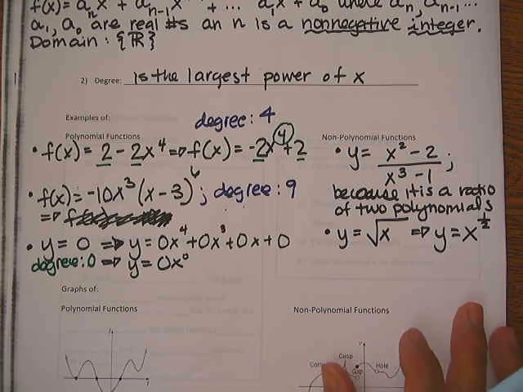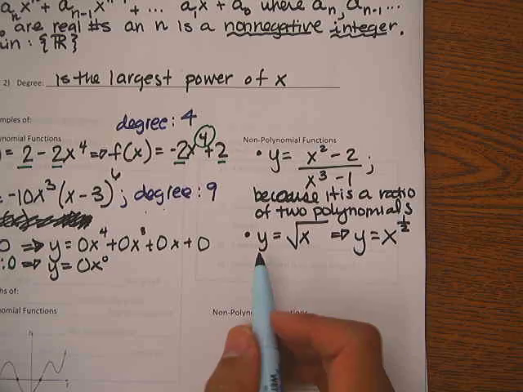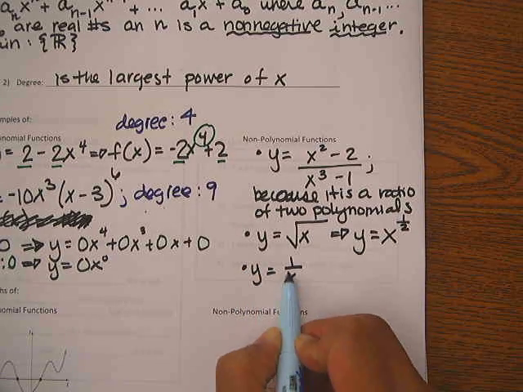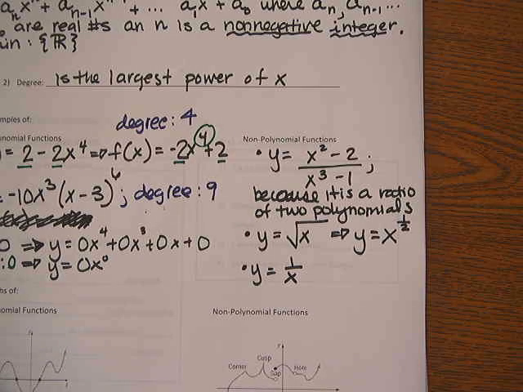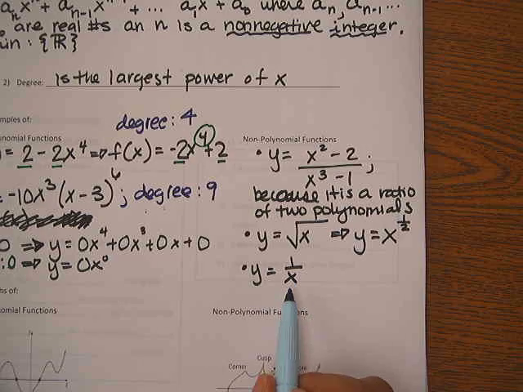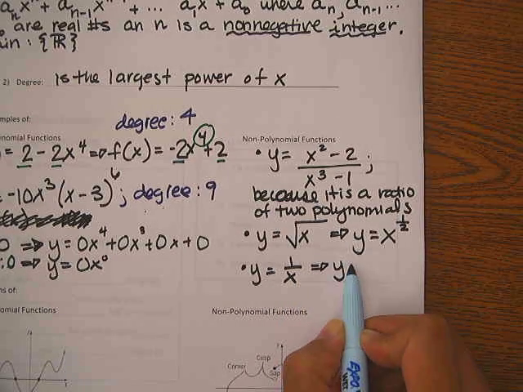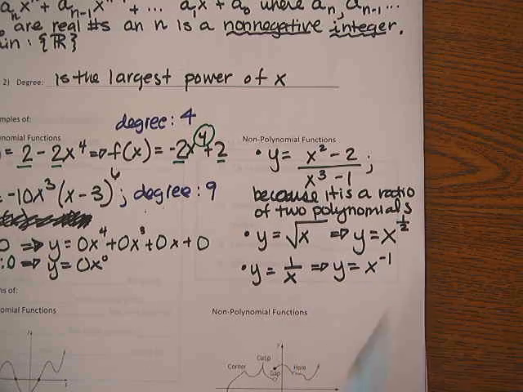Okay, so with that said, let me give you one more example of non-polynomial. How about this? y equals 1 over x. This is not a polynomial because if I were to rewrite it, this will give me x to the negative 1.